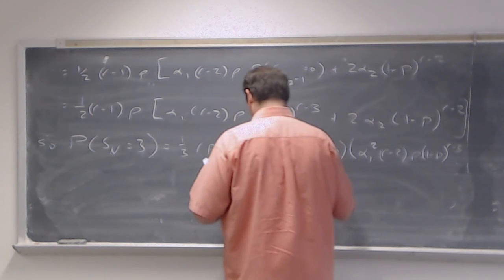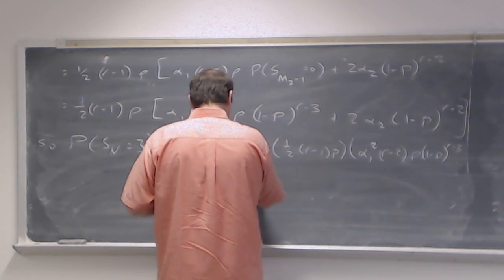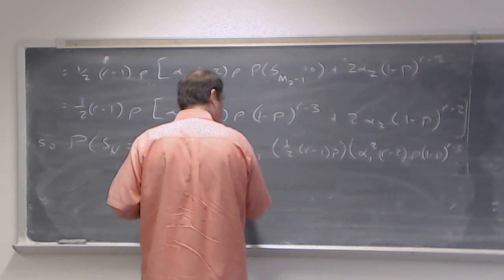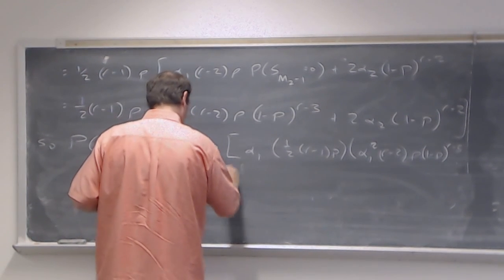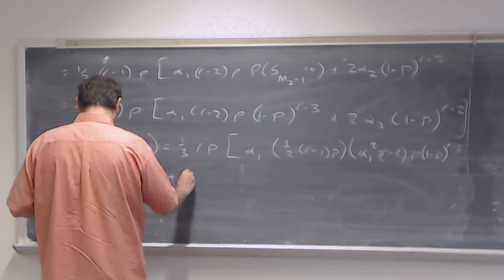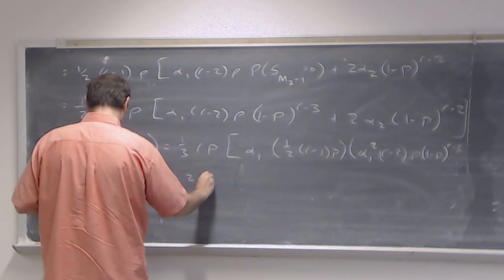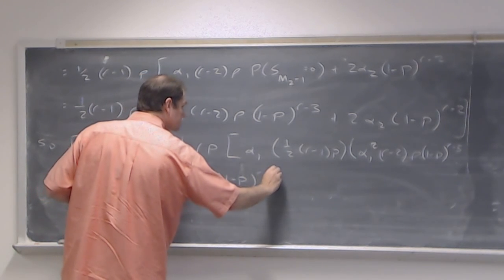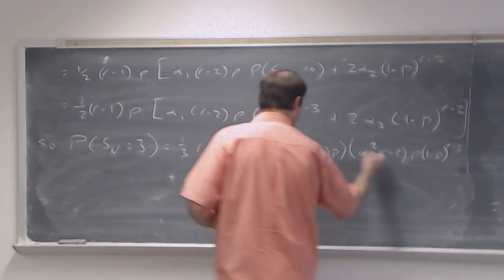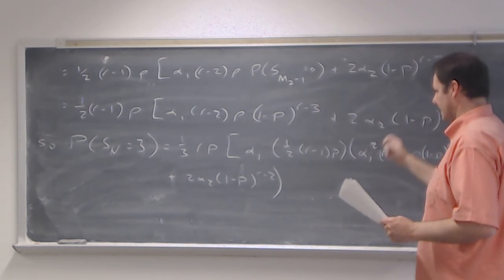Yeah, I have more. Plus, still involved in that parentheses, okay? Plus 2 times alpha sub 2 times 1 minus P raised to R minus 2 in that parentheses. That's that part. Okay? That's what we just had here.